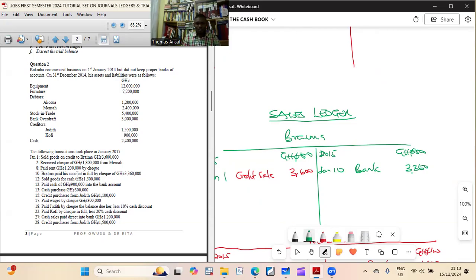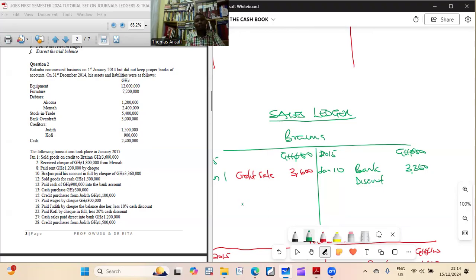Clearly. So here, you know that, you see, you don't need the question to tell you the word discount. If you have paid your account in full and you pay this money, then it means that there was a discount. So it means at the end of the day, Brahma will not be owing us anything. So that makes it 3,600 minus 3,360.